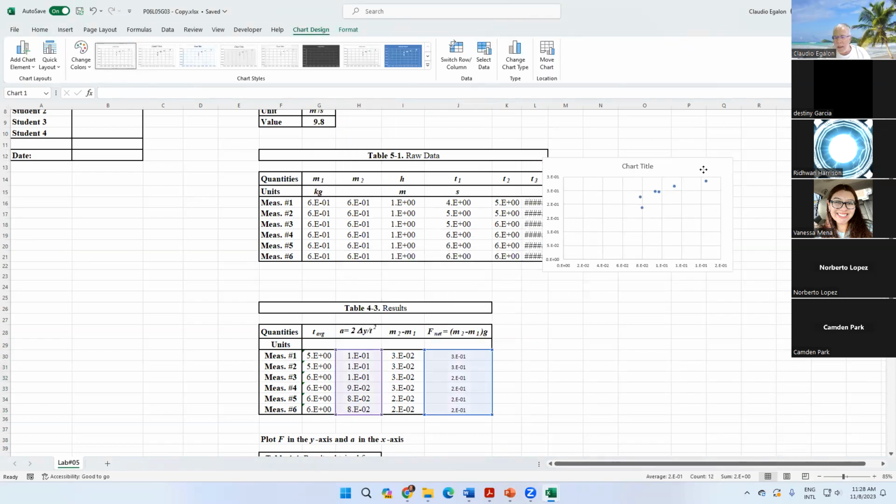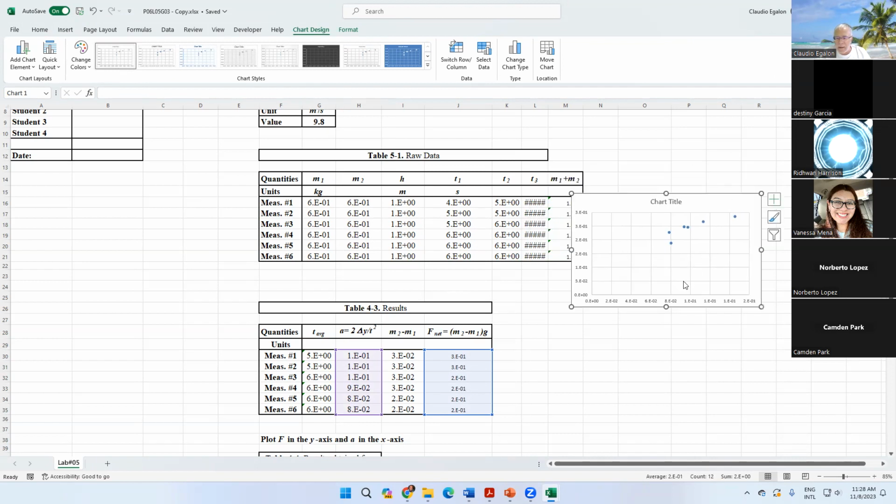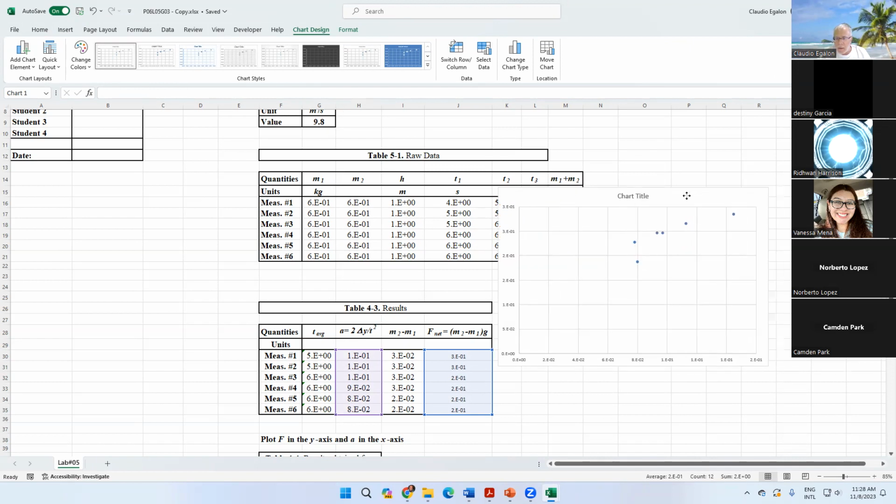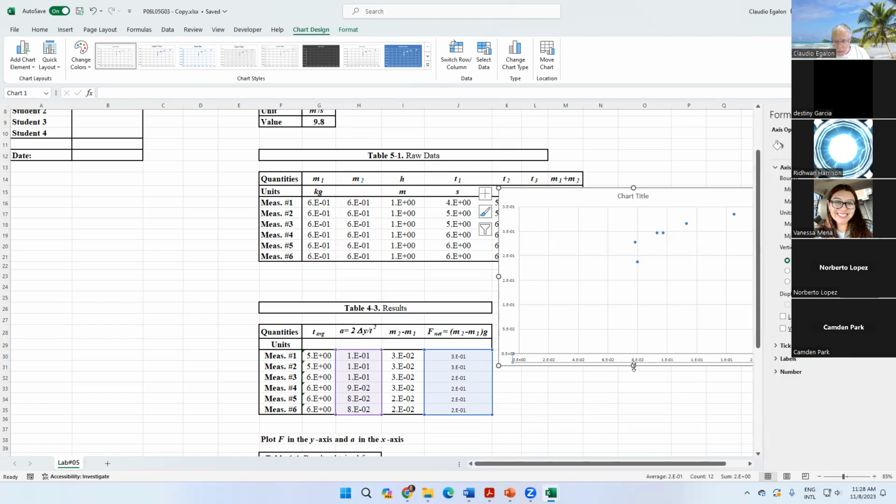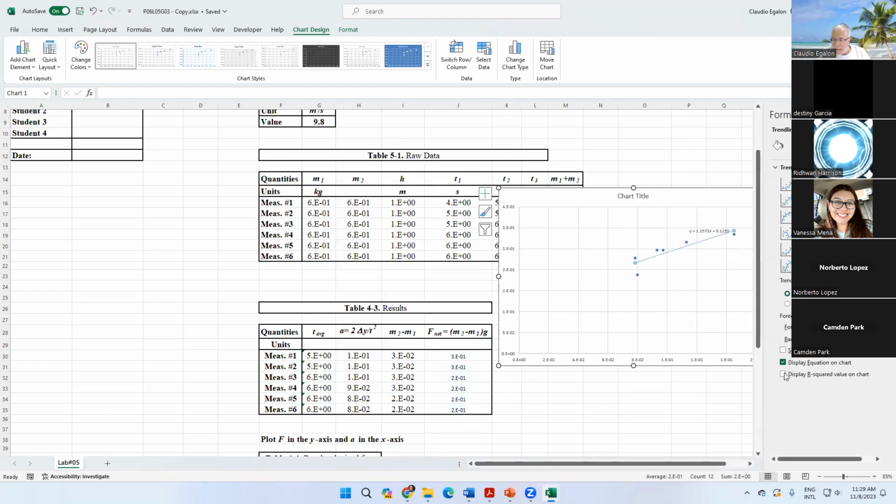Yeah, that's right. You have some data that are not very good. It looks like this one here is your outlier. Maybe this one is the outlier. Let's take a look. I'm going to add a trend line, display equation on chart. Okay, that's what I'm getting here.